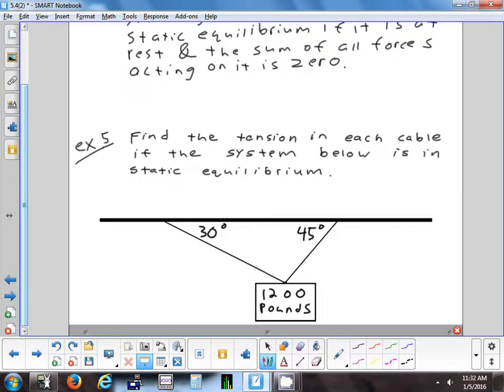This weight would swing to the right. So this cable is not only pulling up, because it's holding the weight up, it's also pulling left. Same thing on the right. If you were to snip the cable on the right, the weight would swing to the left. So this cable is pulling to the right, and it's also pulling up. That's important to understand.